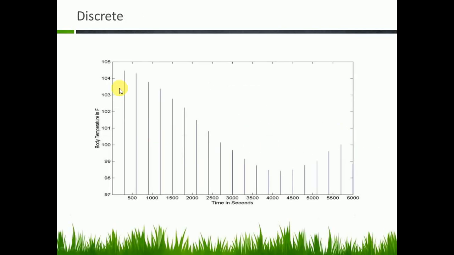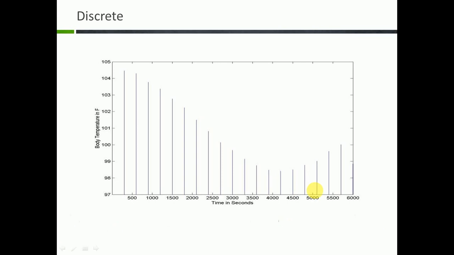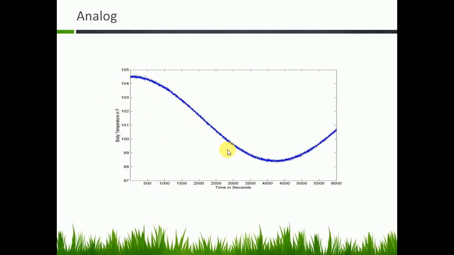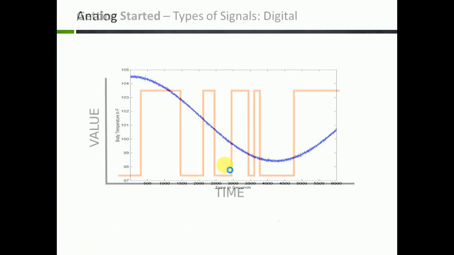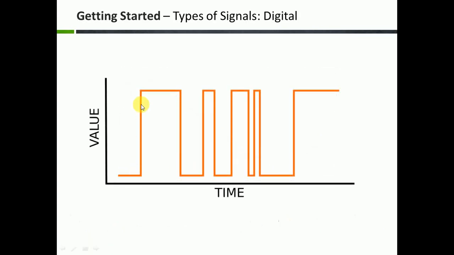Similarly, this signal is analog in the body temperature y-axis domain. It is discrete in the time domain. This signal is analog in the body temperature or the y-axis. It is continuous in the time domain. Similarly, this signal is digital in the value here, but it is continuous in the time domain.